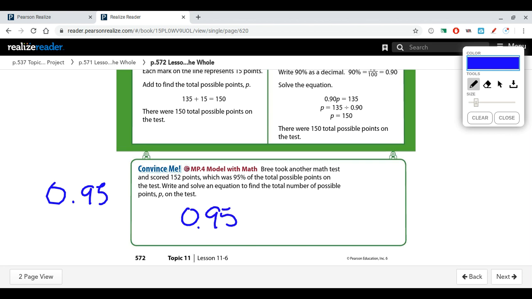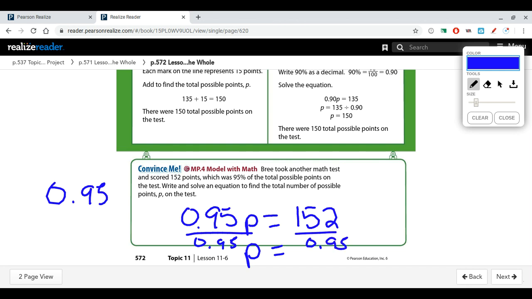P stands in for points possible. And when I multiply 0.95 by P, I end up with 152. So P is going to equal, because again, I'm dividing both sides by the 95 hundredths.